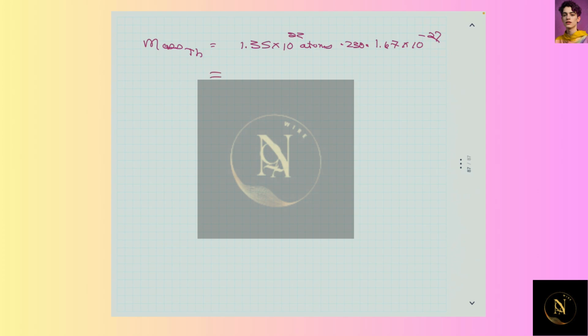And that will equal 5.19 times 10 to the minus 3rd kilograms, or 5.19 grams. And I think that was it.